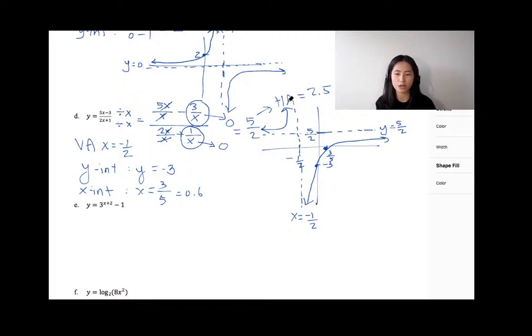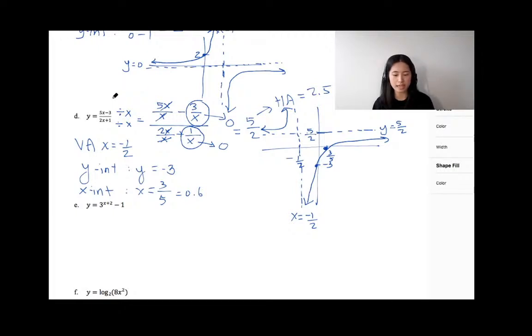But how do you know that you're graphing this part of your function over here as opposed to over here? If you pick any number that is before negative 1/2, let's say negative 3, and plug in negative 3 in your function y is equal to 5x minus 3 over 2x plus 1, we have 5 times negative 3 minus 3 over 2 times negative 3 plus 1.